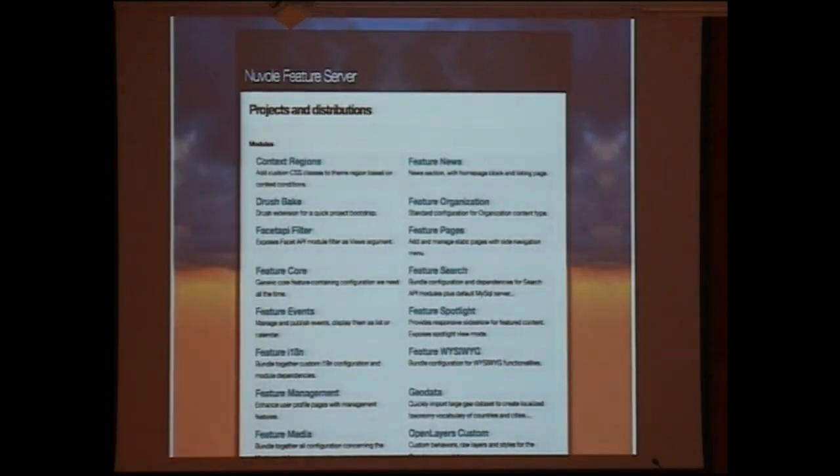So this one is our internal feature server, and here we keep all the features that we reuse across all our projects. So when we want to, for example, make a project that has news, events, and I don't know, media, then we just put into an info file.